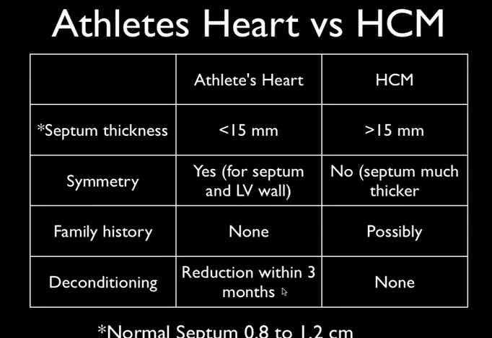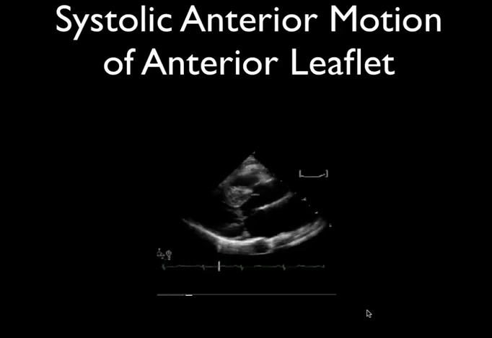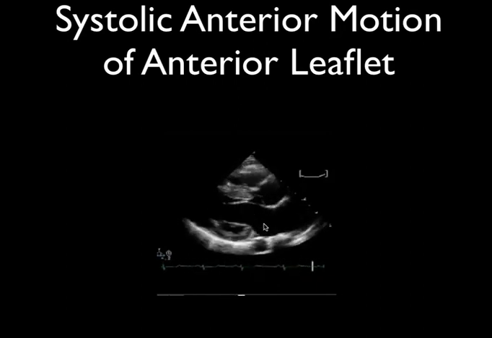This athlete's heart goes away if you don't exercise for 3 months, whereas this septum stays thicker. So just a little clinical correlate to show you. And this is an interesting ultrasound of what can happen. This is called SAM, or systolic anterior motion of the anterior or septal leaflet of the mitral valve.